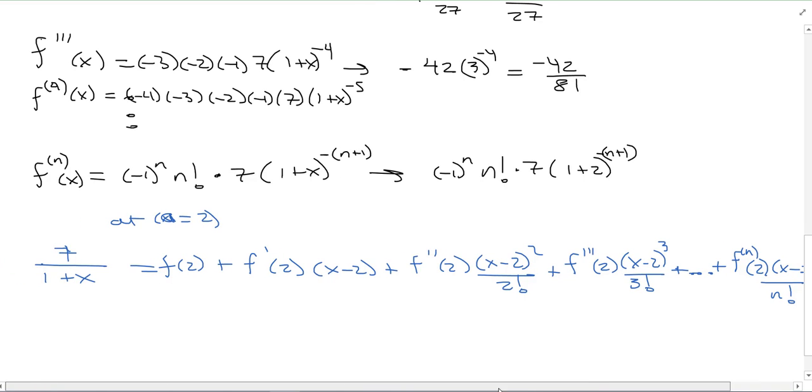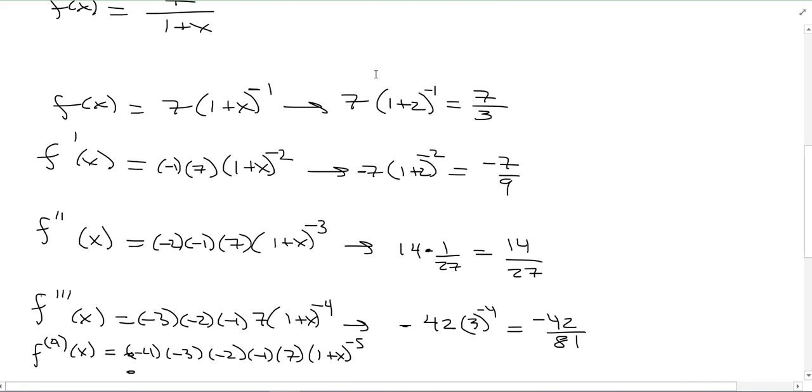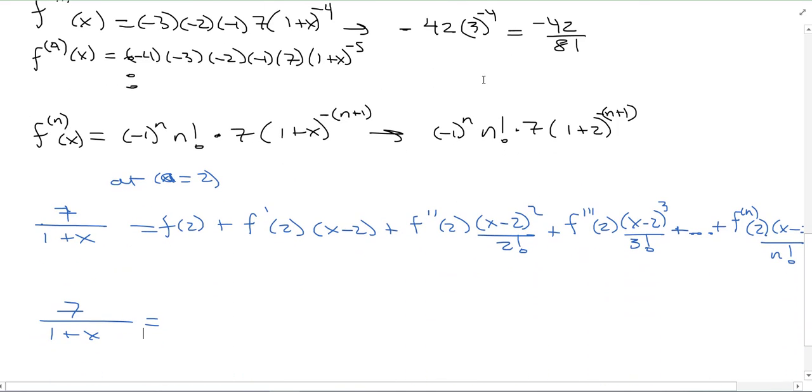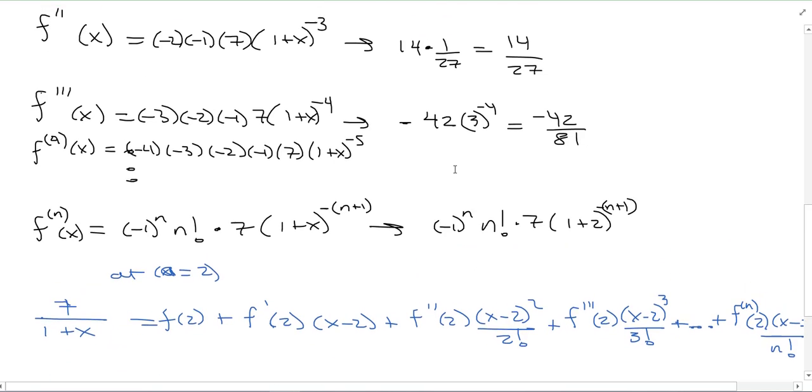All right, so let's plug everything in. So that means that 7 over 1 plus x will be f of 2. What did we get for f of 2? We got 7/3. So it's 7/3 plus f prime of 2. Well, f prime of 2 was negative, so minus 7/9 times x minus 2, plus the second derivative.